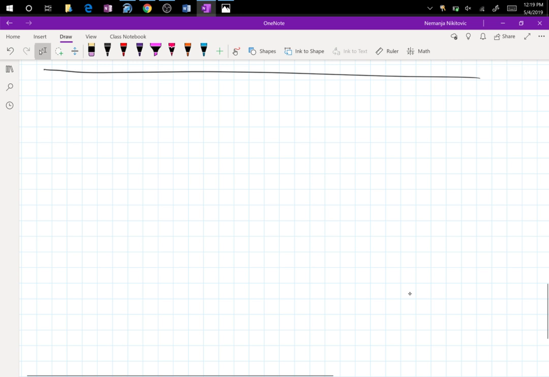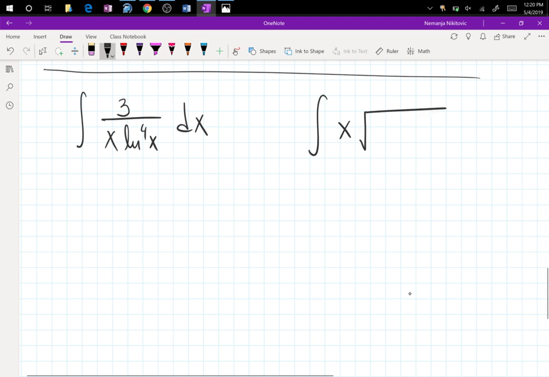Let's say you have integral of 3 divided by x ln 4x dx and integral of, let's actually do it this way, x over square root of x squared plus 5 dx.